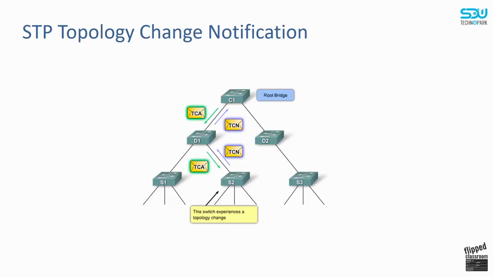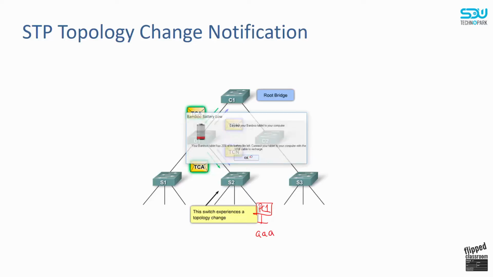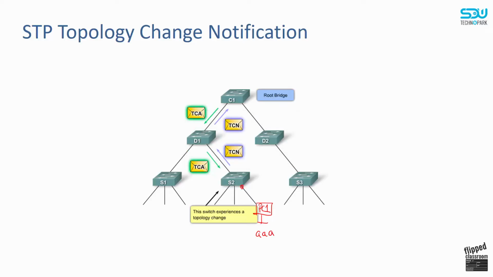Topology change notification. What is it used for? So imagine that we have here PC1, and PC1 has MAC address AAA, and when switch 2 is connected with PC1 and is learning the MAC address of PC1, which is AAA, in the MAC address table of switch 2 there is a value like AAA.